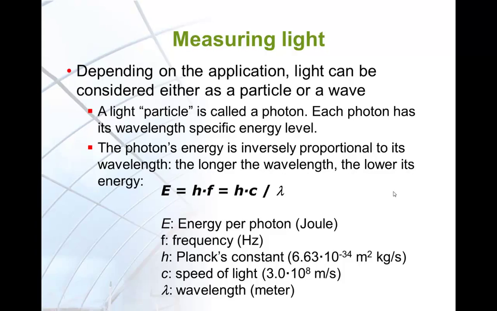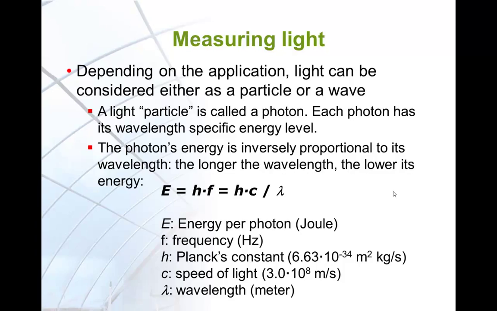So from here we are going to talk a little bit about measuring light quality and measuring light intensity or irradiance. The light is considered either as a particle or a wave. And this light particle is called a photon.